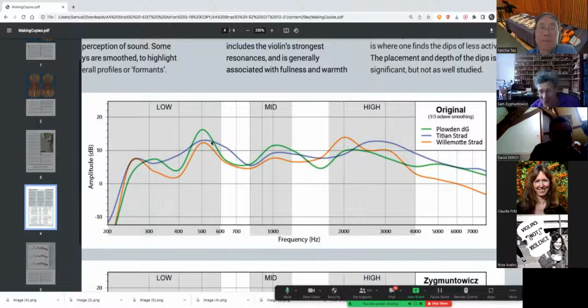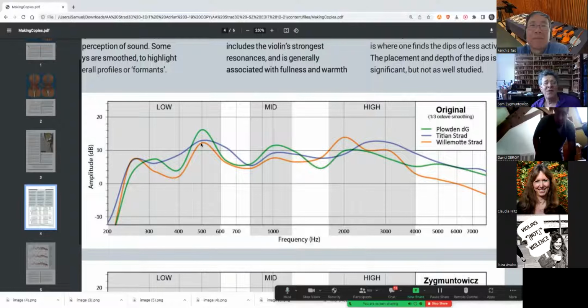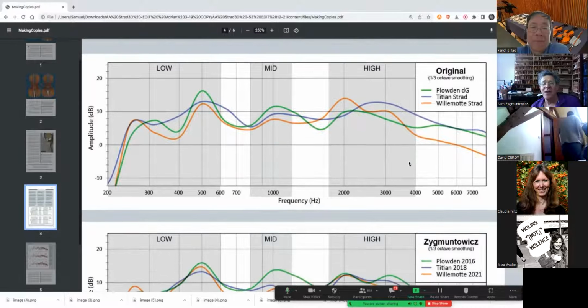And what are the fewest features of the spectra that could describe the instrument as well? So I really only focused on the areas where you tend to find peaks. I did not focus on the dips. So basically, in this very reduced vision, there's a low frequency, a mid frequency, and a high frequency. And that's all I was discussing.